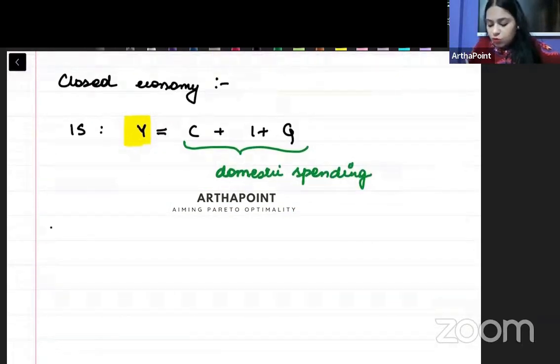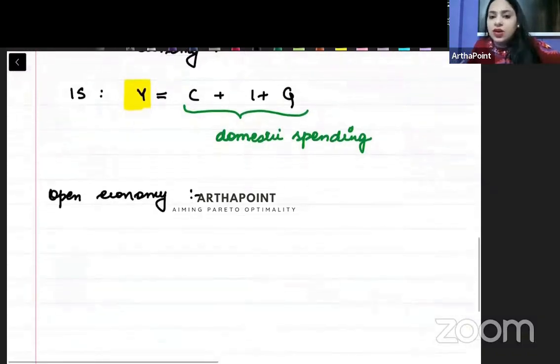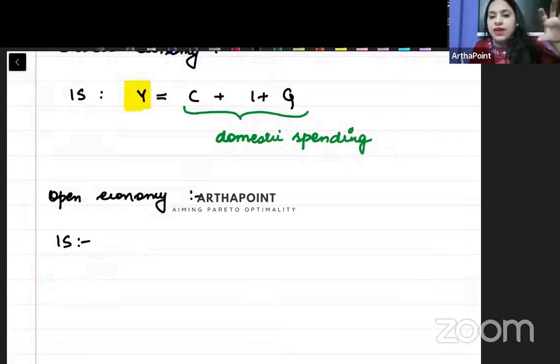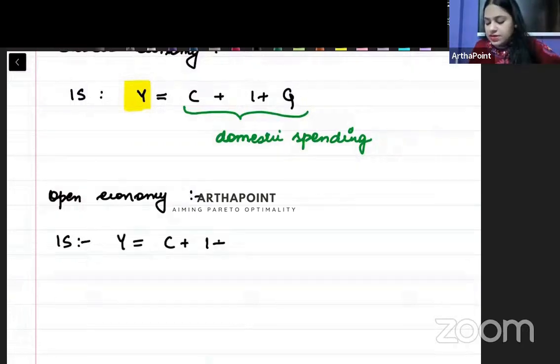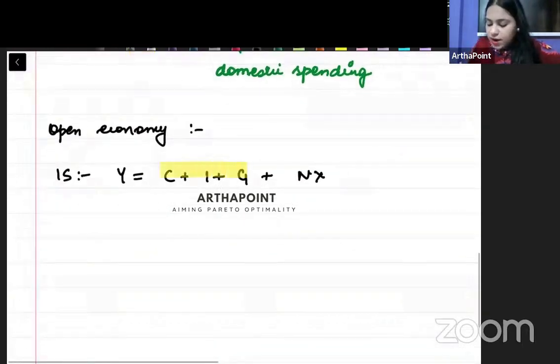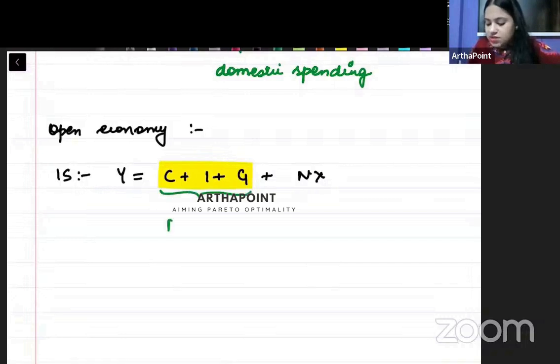But the moment we jump to open economy, जैसे ही हम open economy की तरफ गए, for our IS curve, when we find the goods market equilibrium, the equation is y is equal to c plus I plus g plus nx. है ना? And this part, c plus I plus g, I can call domestic spending.